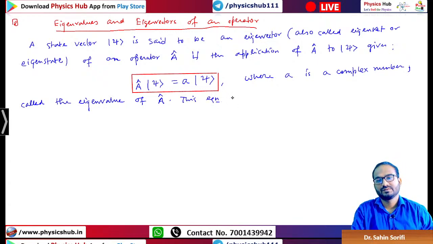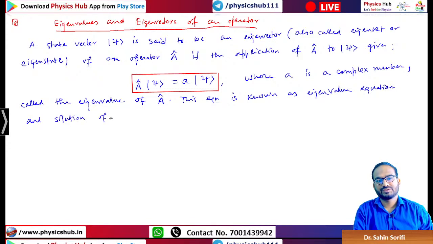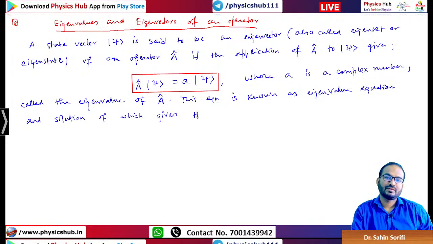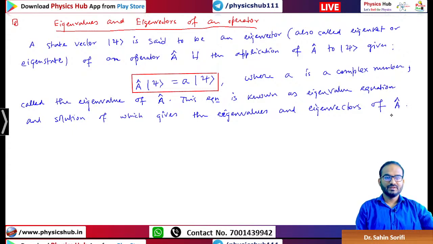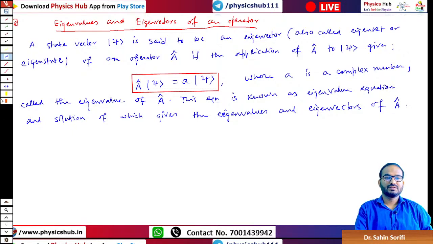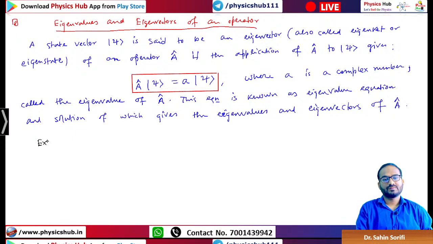This equation is known as eigenvalue equation and solution of which gives the eigenvalues and eigenvectors of A. A simple example, if you want to take, that will be the example of the identity operator.